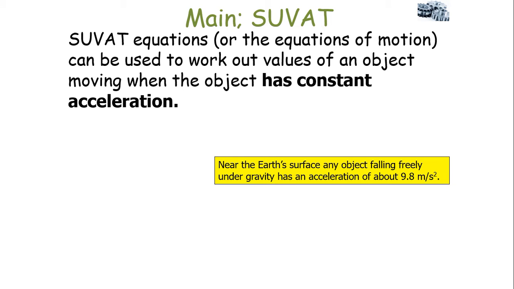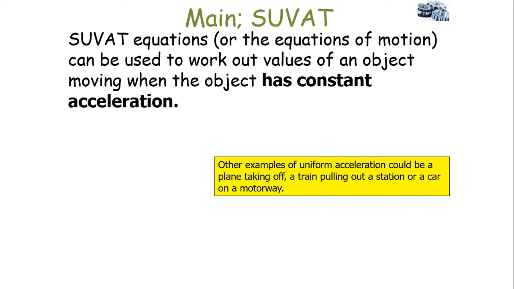Near the Earth's surface, any object falling freely under gravity has an acceleration of 9.8 meters per second squared, which you will have come across before because that is the strength of gravity. The gravitational field strength and the gravitational acceleration are actually the same concept because gravity causes an acceleration. Other examples of uniform acceleration could be a plane taking off, a train pulling out of a station, or a car on a motorway.